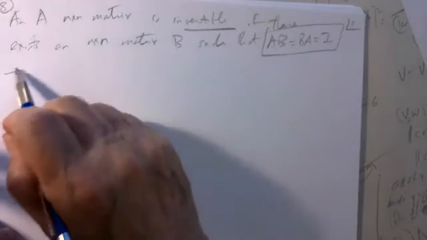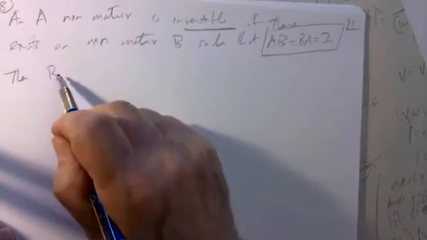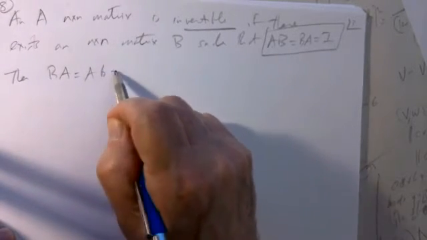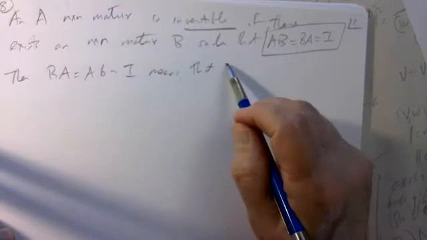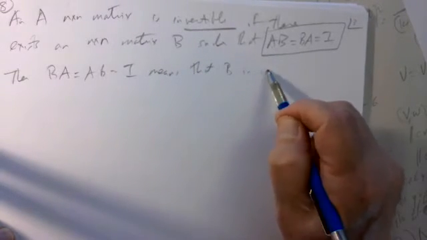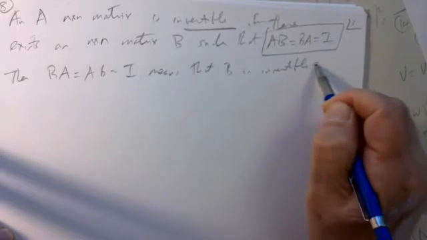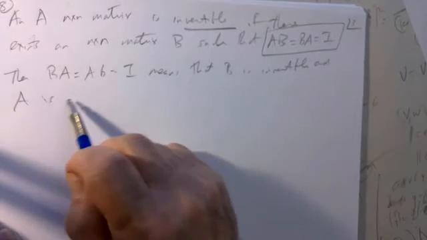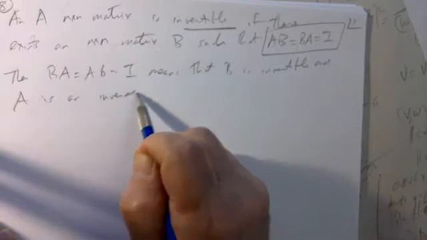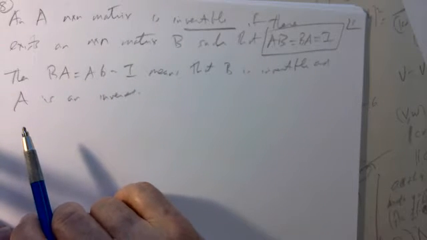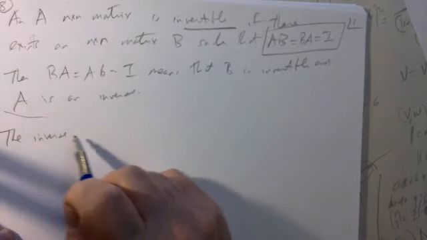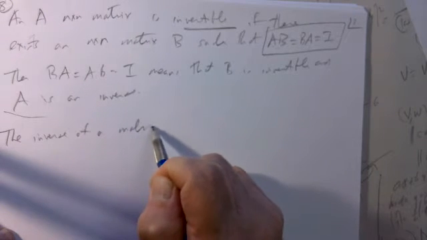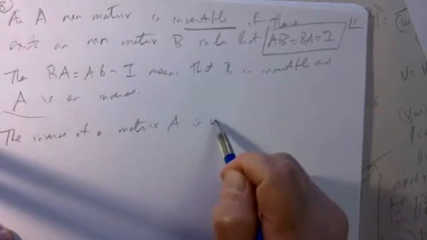But then B times A and A times B being the identity means exactly that B is invertible and A is an inverse. So we proved that the inverse of a matrix A is unique.